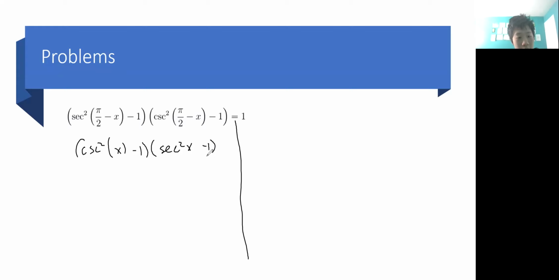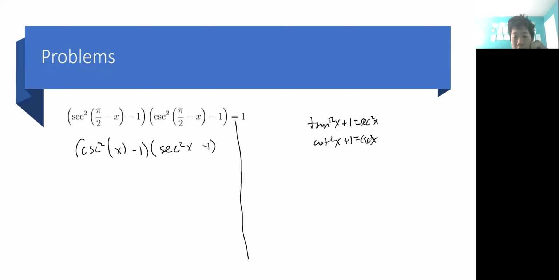Okay. Looks like we have squares in here, which reminds me of the Pythagorean identities. And it does. Tan squared x plus 1 equals secant squared. And cotangent squared x plus 1 equals cosecant squared.